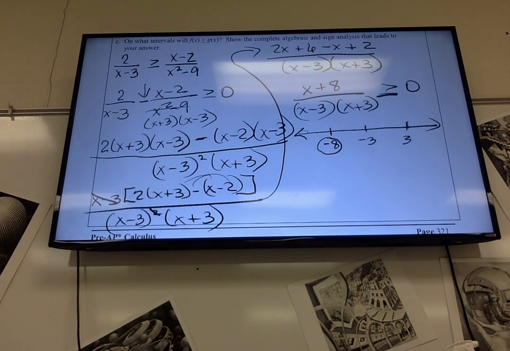So for example, we would plug in, say, negative 9, because that's less than negative 8. If I plug negative 9 into the top, that gives me a negative. And if I plug negative 9 into the bottom, that gives me a negative times a negative, so that's really a positive on the bottom. Negative over a positive is negative.